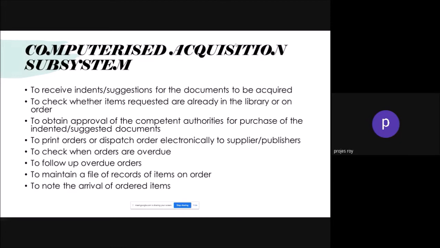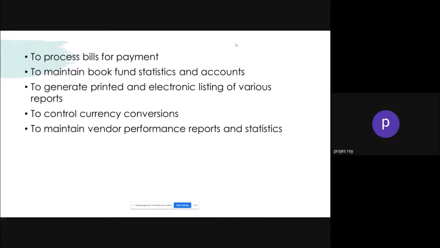Right? So you receive, then you process the bill, then maintain book fund statistics and accounts, generate printed and electronic listings of various reports, and control currency conversion. This is another important area. You need to be very cautious about the conversion.